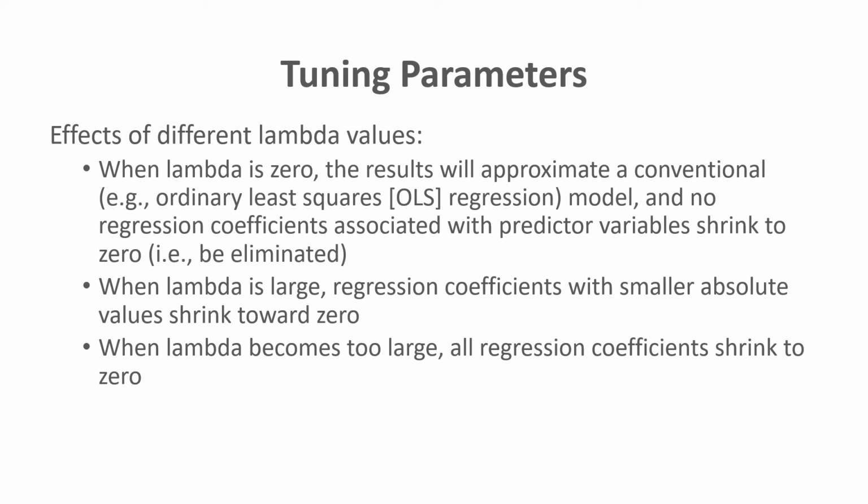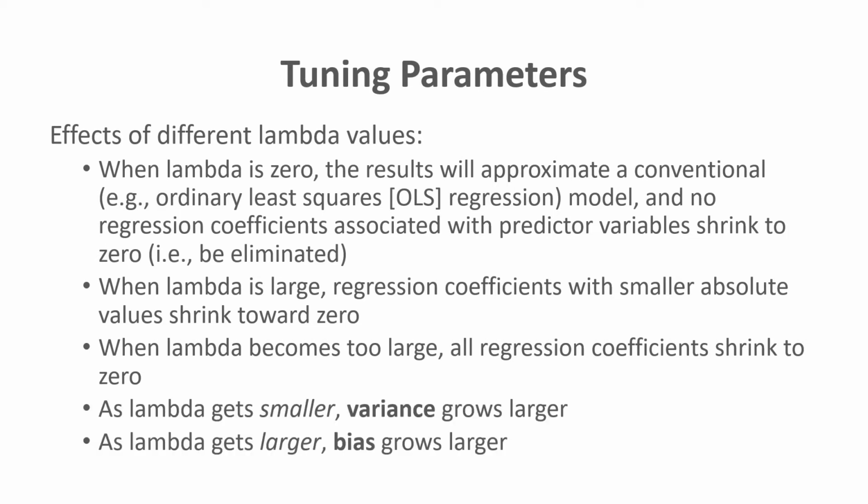So essentially, you'd make the model so parsimonious in terms of the number of predictor variables that you would eliminate all the predictor variables. And so obviously that's not likely going to aid prediction of the outcome variable if you zero out all the regression coefficients.